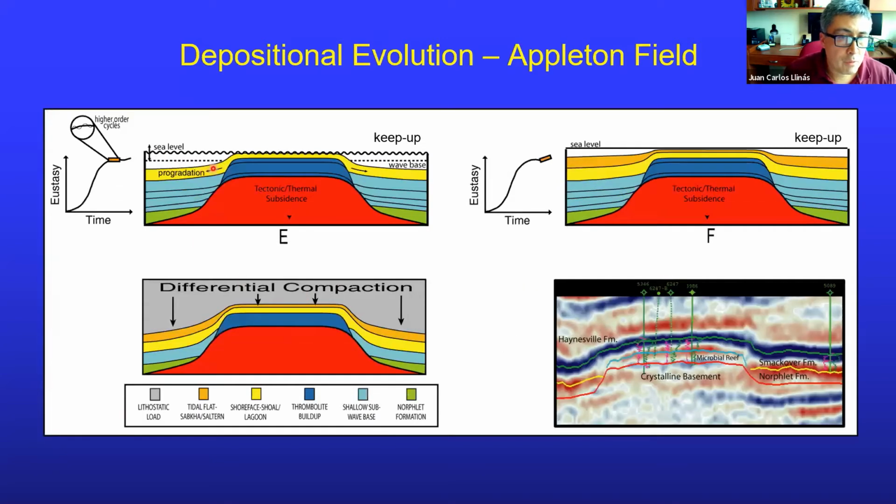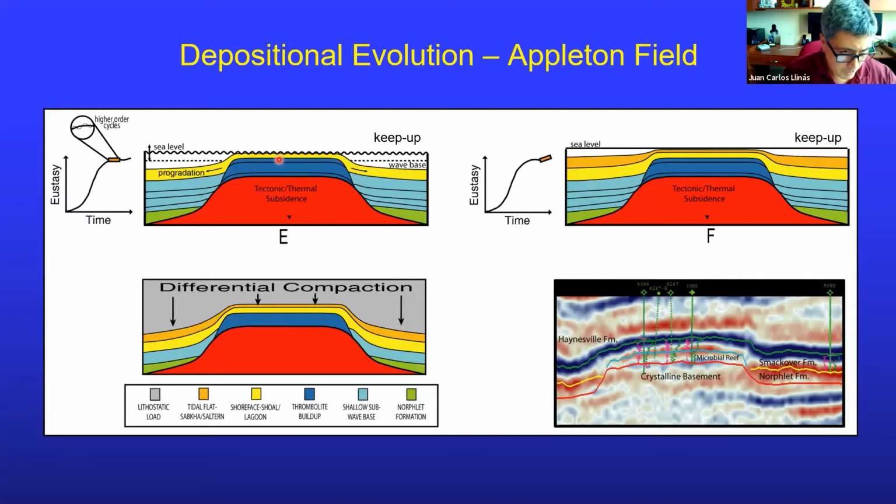And at some point we have here probably higher order cycles, as I was mentioning, for the shoal and lagoon complex, and eventually the prograding material probably eroding the microreefs.